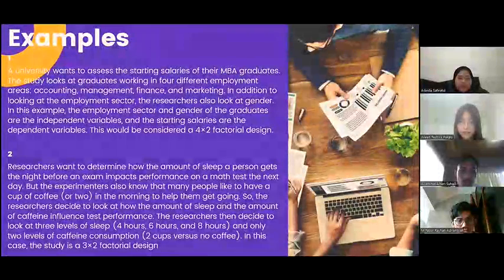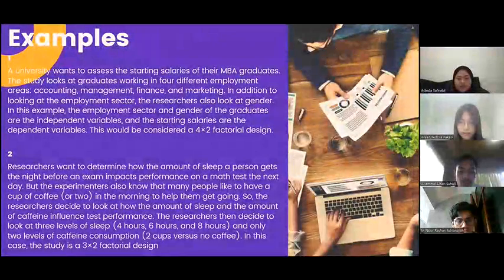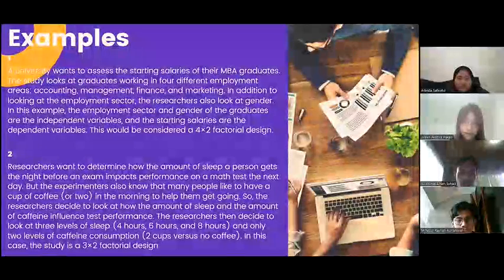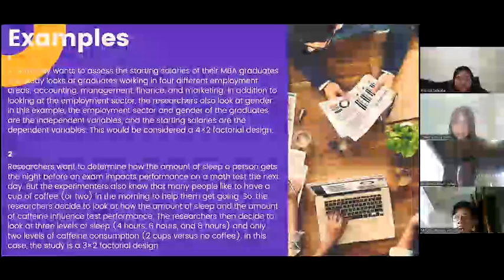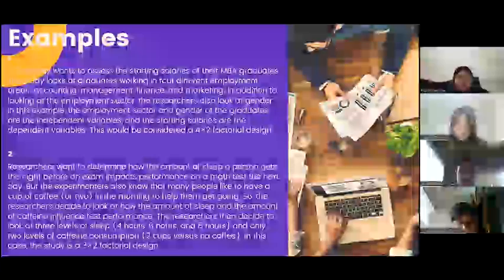So the researcher decided to look at how the amount of sleep and the amount of caffeine influence performance. The researcher looks at three levels of sleep, 4 hours, 6 hours, and 8 hours, and only two levels of caffeine consumption, 2 cups versus no coffee. So in this case, the study is a 3 times 2 factorial design.